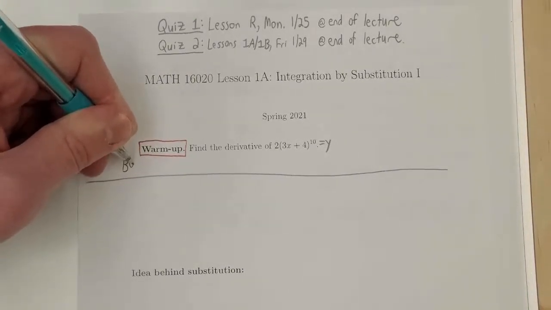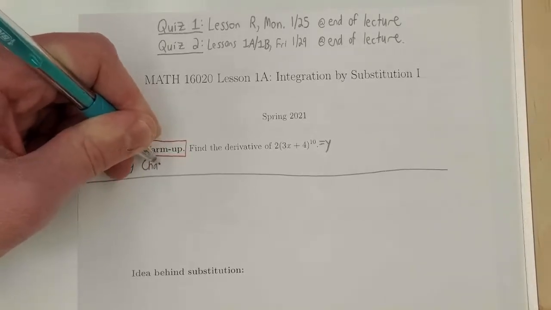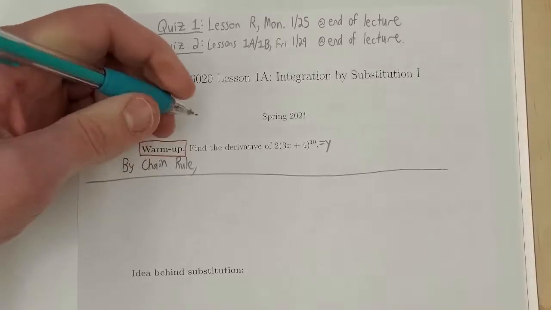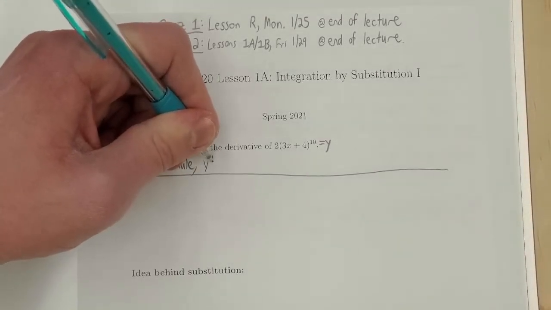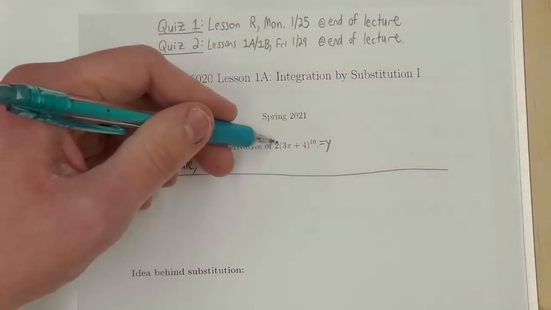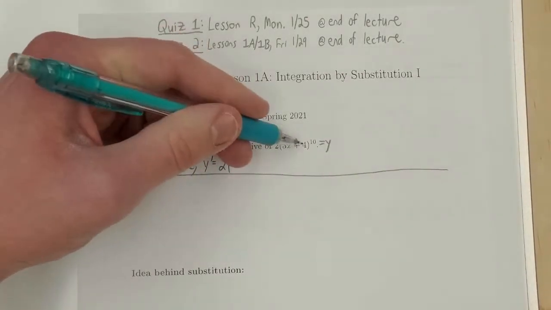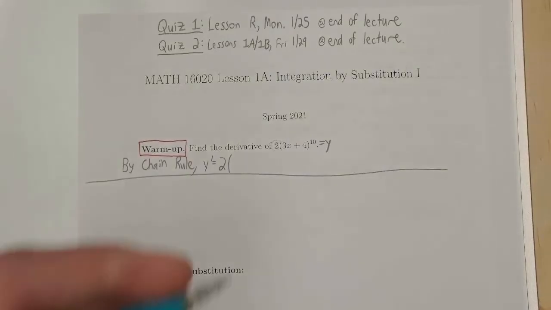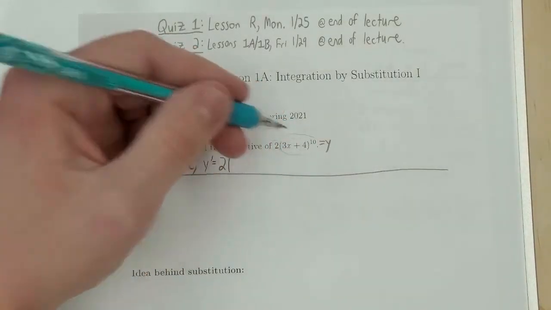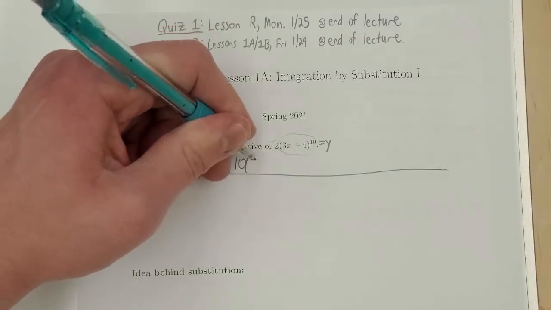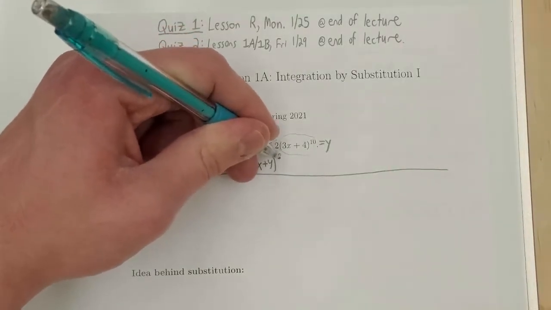So basically, the idea is that we have to use chain rule to get the derivative of this thing. So we have y prime equals, let's see. This 2 here is just a constant, so we can leave that alone for now. Ultimately, the derivative falls into evaluating this part right here. By power rule, we have 10 times (3x plus 4) to the power of 9.